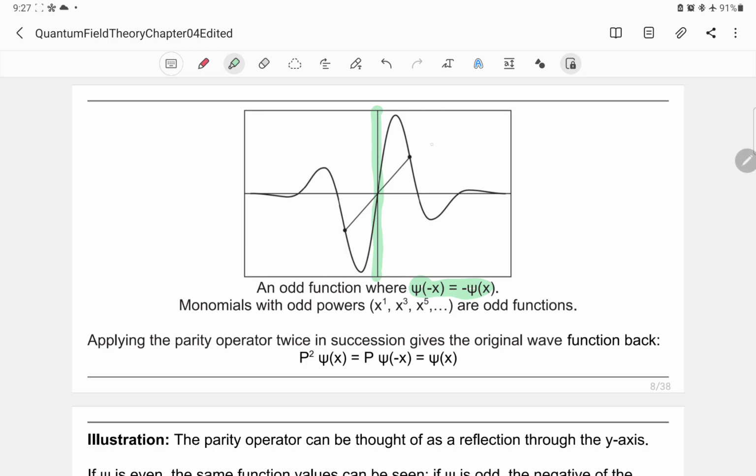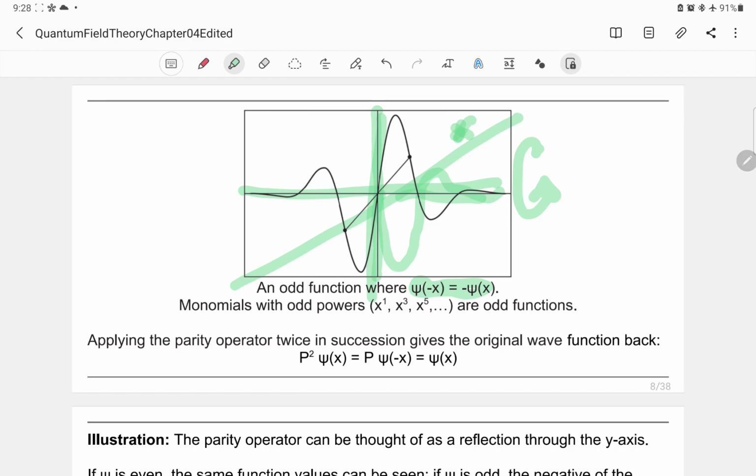If you flip it about this axis, it would look like this, and you would have an even parity wave function. But in this case, it will not coincide with itself whichever axis you flip about, like this for example, or here, and even in this axis it will not.